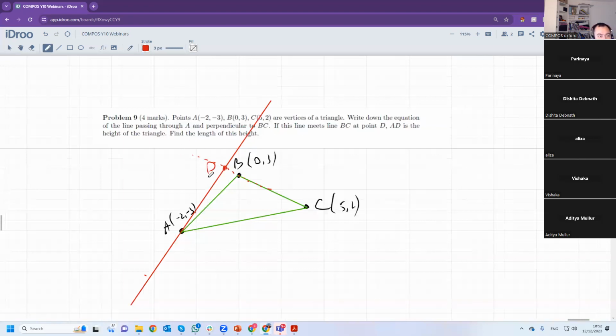Find the length of this height, so you need to find this length. That's it. You can use a better diagram or not. AD, find AD. That's what you need to find.